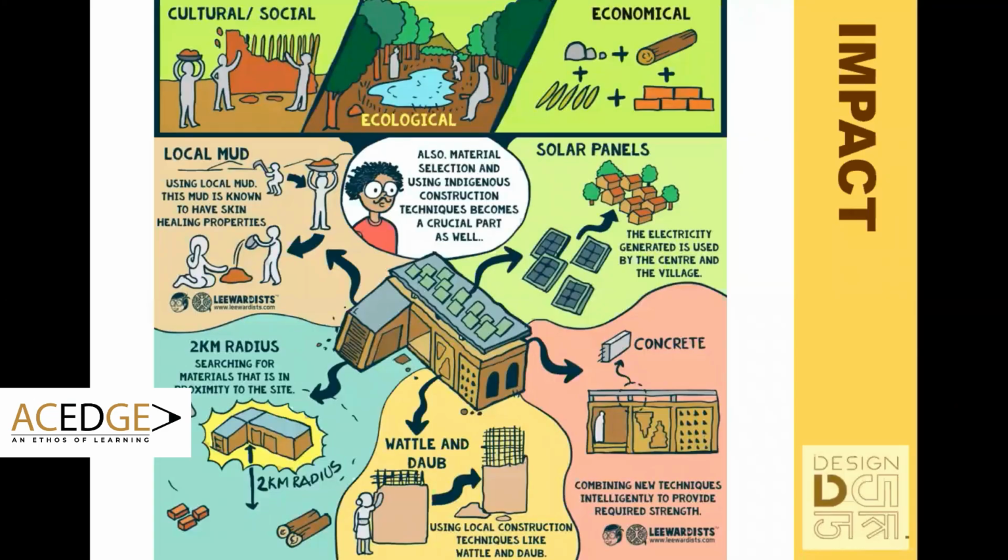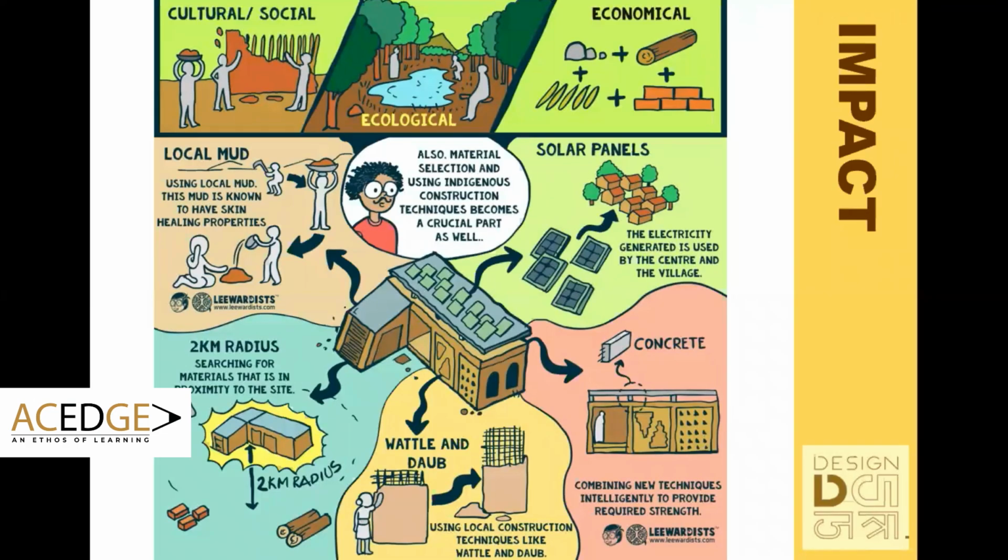Also, the concrete is used minimally, just as earthquake bands. Then there are wattle and daub walls, which also act as partition walls. The material for this construction came from only a 2 kilometer radius. So all these things are a very vital part, even though the product may not be that good looking or aesthetically pleasing, but it has an impact on all these levels.